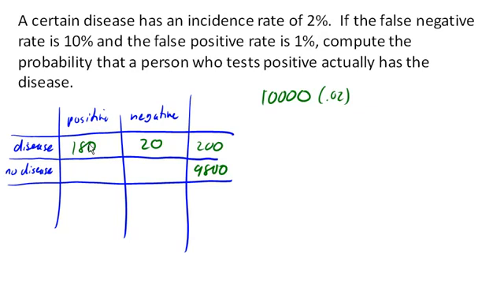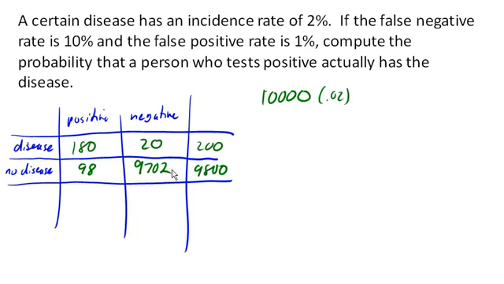Meanwhile, we have a false positive rate of 1%, and that means that out of our people who don't have the disease, 1% of them, or 98 of them, are going to test positive. Meanwhile, the other, let's see, 9,702 of them are going to correctly test negative.